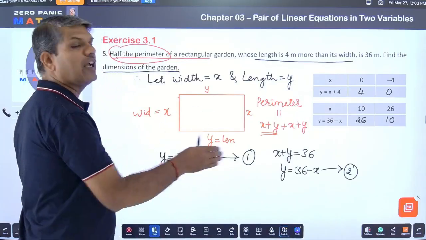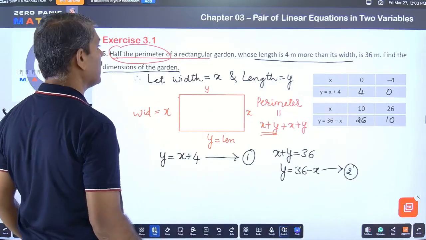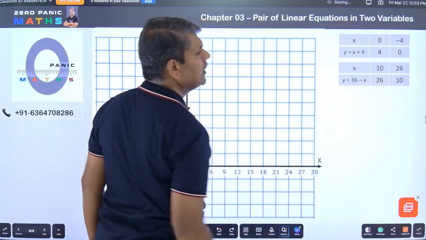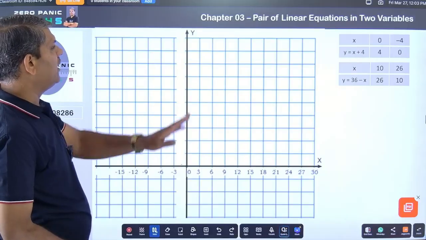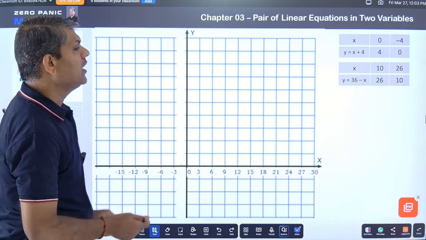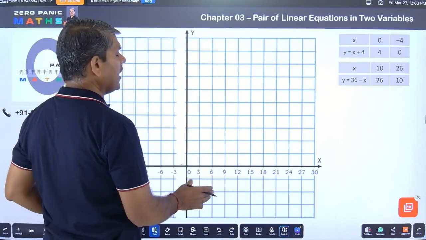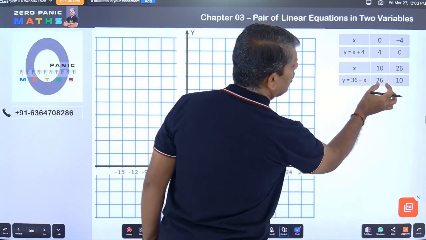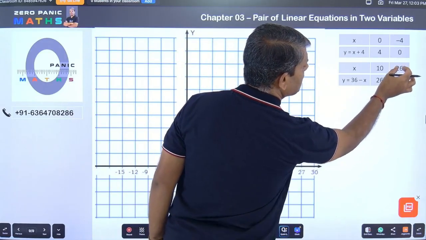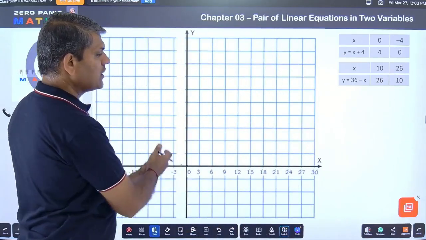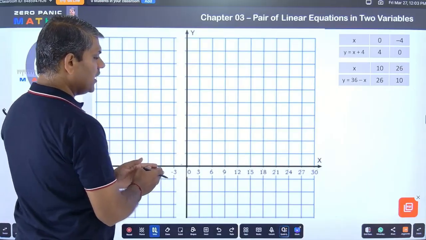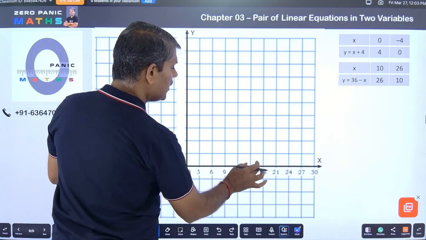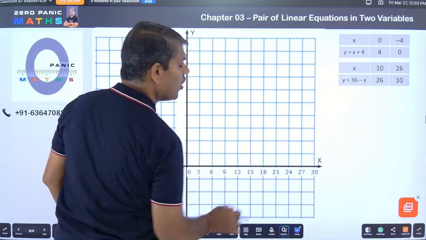Now let us plot the graph. These are the values I have already identified, and I'm going to plot them here. Since I've modified this graph a little bit because I want the coordinates 26, 26 also on the same graph, the values given for each square here are multiples of 3.